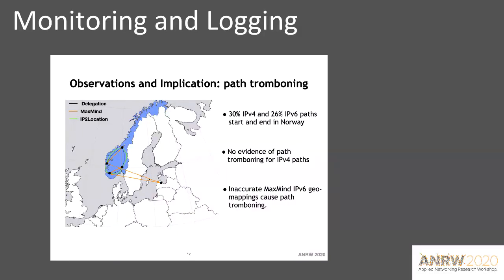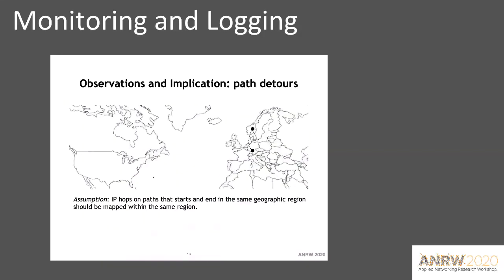Next, we analyze the possible implications of the incorrect geomappings of the end-to-end path. Specifically, we explore how such errors can impact the inference of path thromboning and detours as well as causing missing countries. Due to our measurement setup, a high percentage of the paths start and end in Norway.